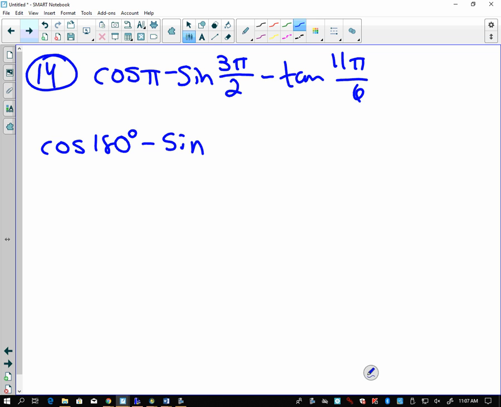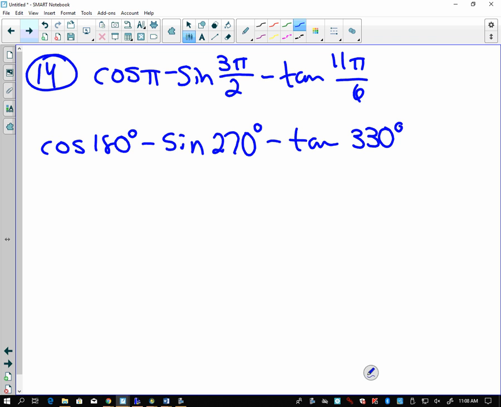That's going to be 3 times 180 divided by 2. This is 14. What do you get? 270? 270 degrees minus tan, 11 pi divided by 6. What are you getting there? 330. Okay. 330 degrees.